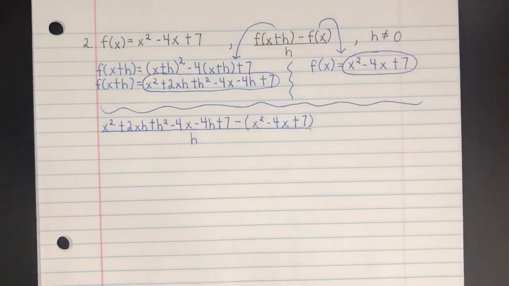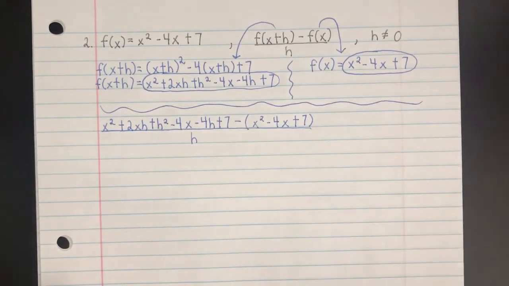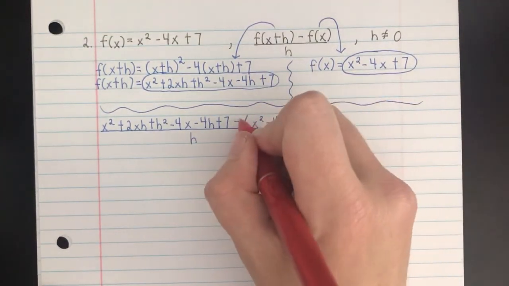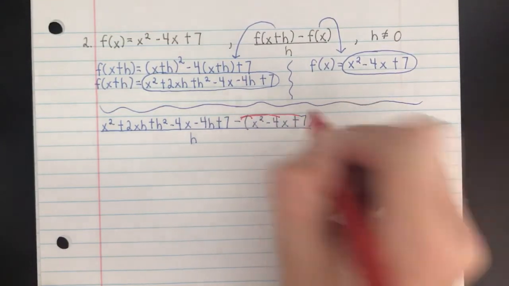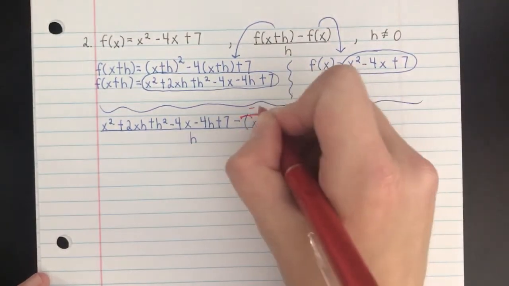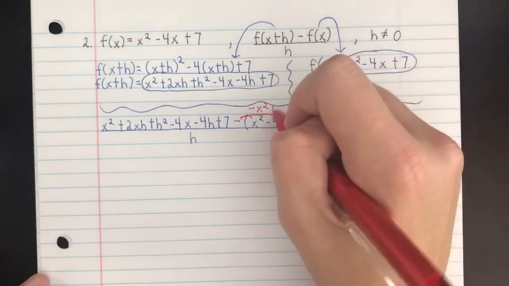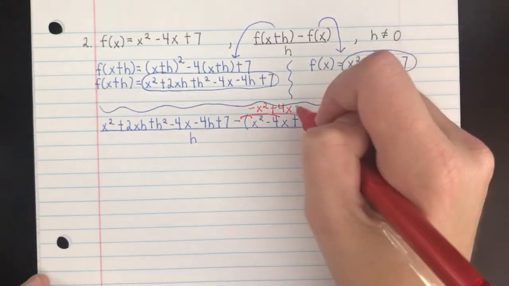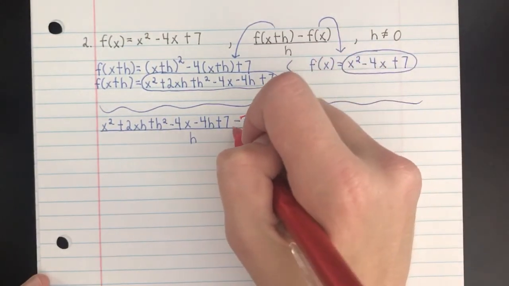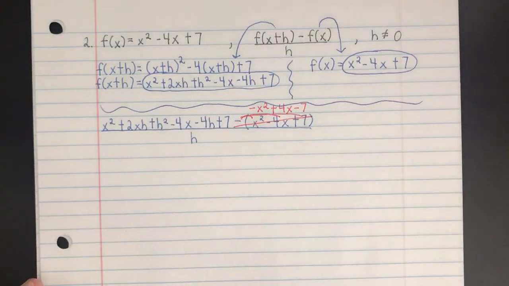In order to save a little bit of time and space, when I distribute this negative, I'm just going to write what I get above it. So negative x squared plus 4x minus 7. So that's gone. Now let's look at what combines here.